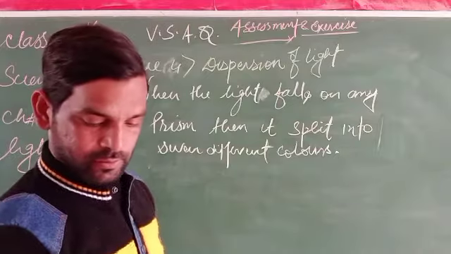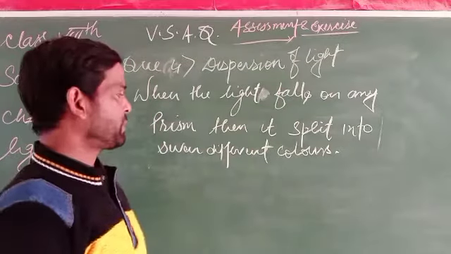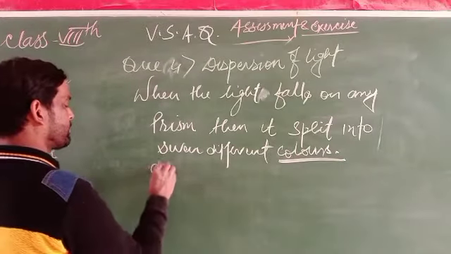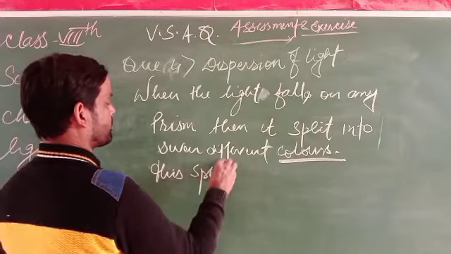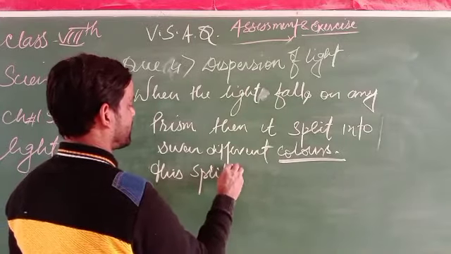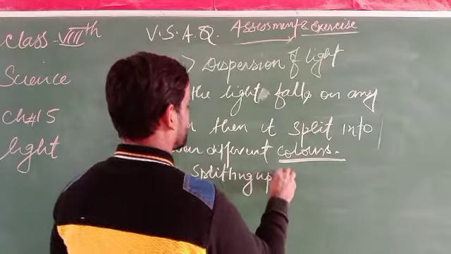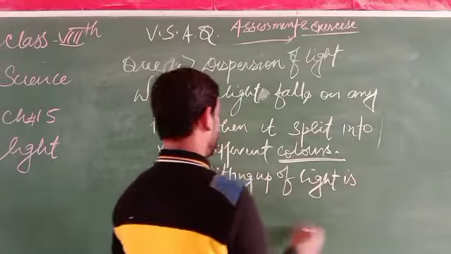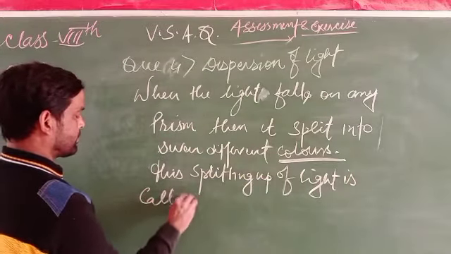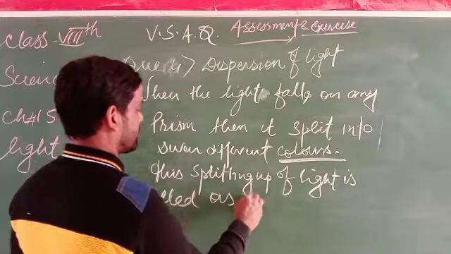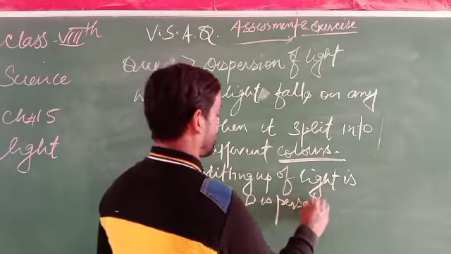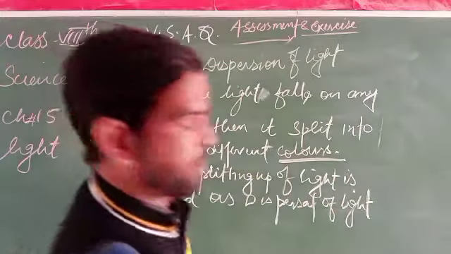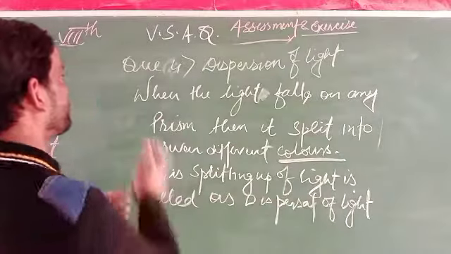When this light falls on a prism, it splits into the 7 colors. This splitting of light is called dispersion of light.